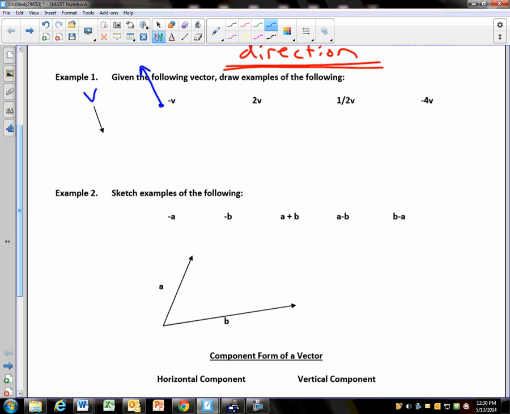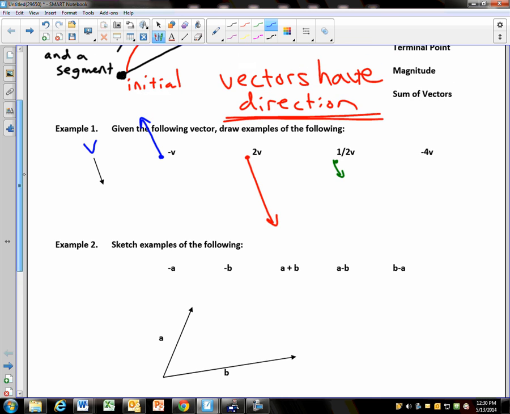What would 2v look like? Double the length. What would 1/2 v look like? What would negative 4v look like? Something like that.